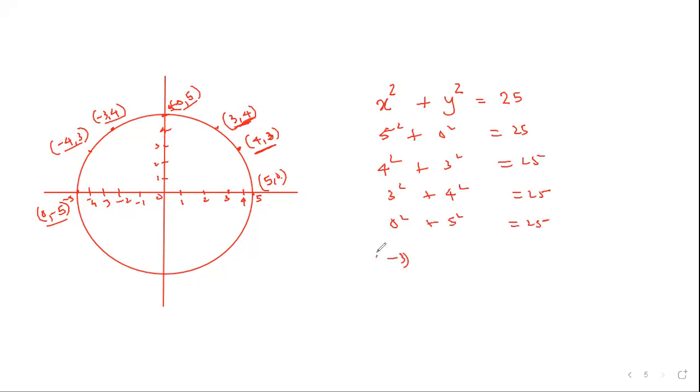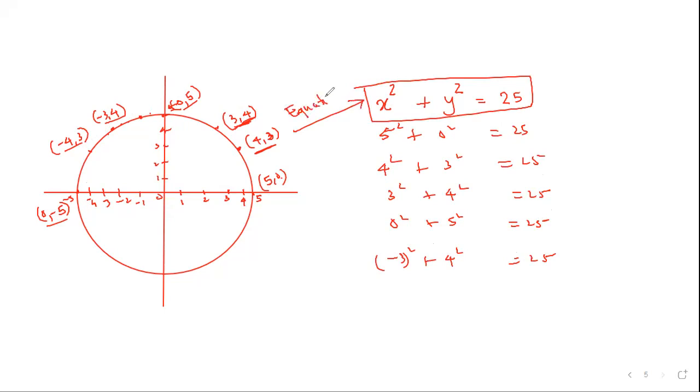Minus 3 square plus 4 square, is it 25? So what do you notice? Every point on it, even the points whose coordinates I have not written here, all of them satisfy the condition x square plus y square equal to 25. Hence the equation of the locus of the circle is x square plus y square equal to 25. Have you understood?